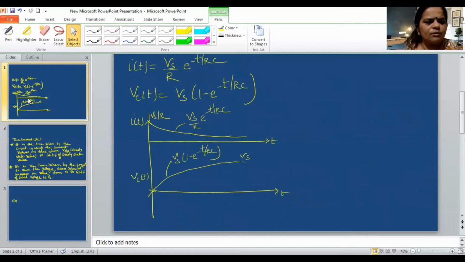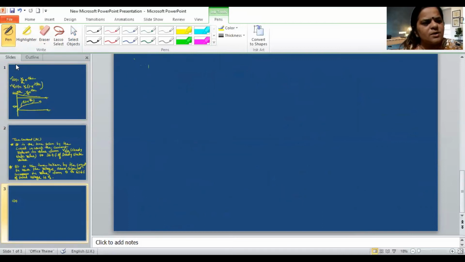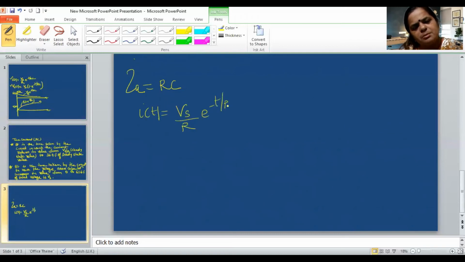Now one more thing I want to tell you: as you know, the expression of current is this, and the expression of voltage across the capacitor is this. The time constant is represented by tau, and this is equal to RC for a series RC circuit. So we know that the expression of current is Vs by R e to the power minus t by RC.